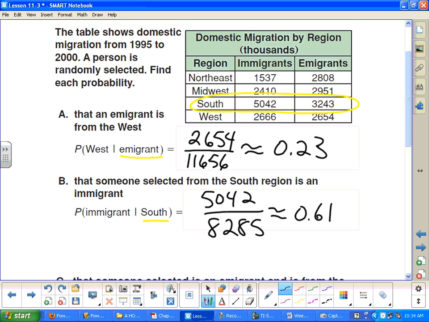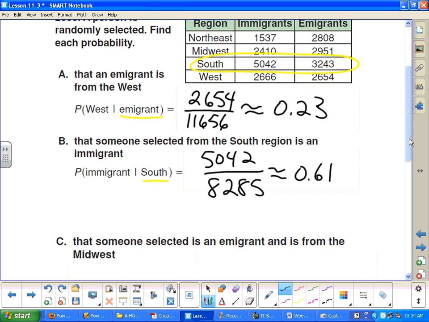Now, this next question changes that just a little bit, so we have to pay attention to the difference. It says that someone selected is an immigrant and is from the Midwest.